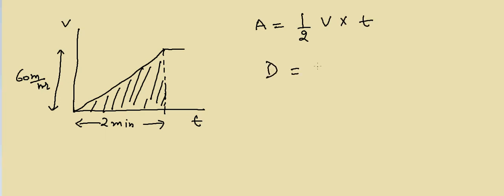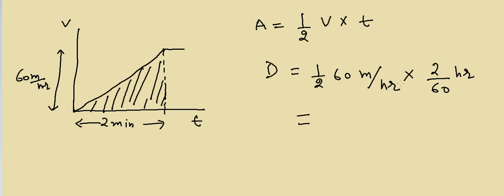So distance will be equal to half into velocity into time. So this is equal to 60 miles per hour, and the time is 2 minutes, which is 2 divided by 60 hours, right? If I do this calculation, hours cancel hours, 2 cancels 2, and 60 cancels 60, so we are left with 1 mile. So the distance traveled will be equal to 1 mile in this case.